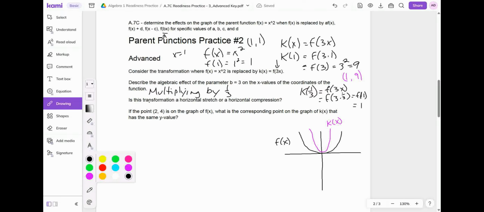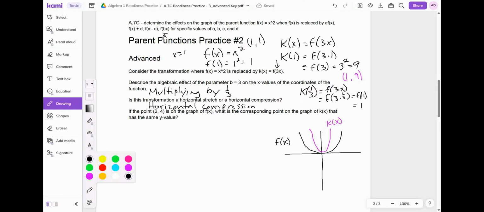So this is what we would call a horizontal compression. Now it's horizontal, right? The B term is looking at horizontally, whereas the A term on the outside was looking at vertical. So we're compressing it because we're multiplying it by a third. We're bringing it in closer and closer to that y-axis. So it's a horizontal compression.